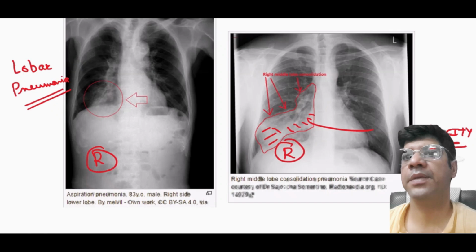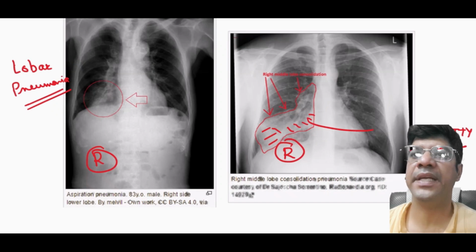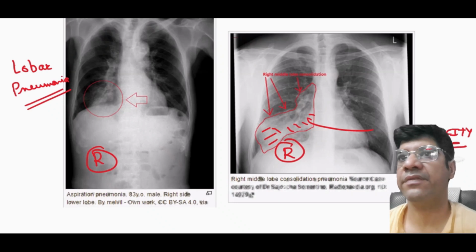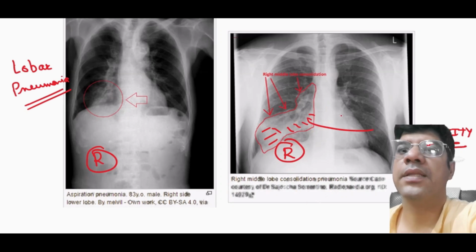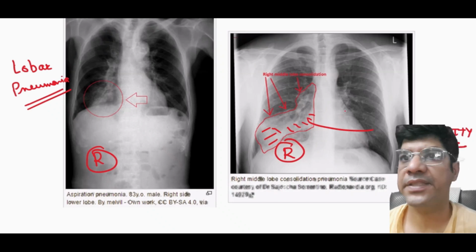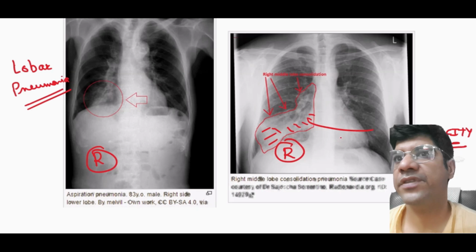In aspiration pneumonia, the area of opacity may indicate a region of lung consolidation or inflammation due to the presence of the aspirated material. Another thing you can notice is segmental opacification, which refers to a localized area of opacity affecting specific segments of the lung.